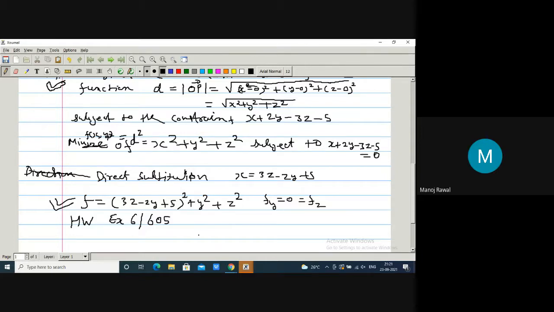In order to cross-check, you will see the formula, if you remember or not: a x naught plus b y naught plus c z naught minus d, upon root a square plus b square plus c square. So this is the distance from a point to a plane. I hope you remember. If you don't, this is the formula for distance from a point to a plane.